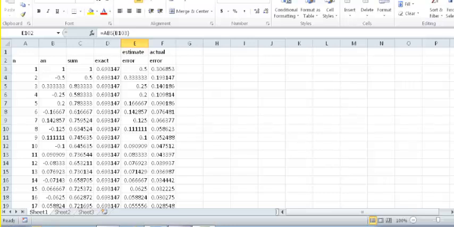Because to get an error less than 0.001 is going to take a lot of terms. What I'm doing is looking at the actual equation that they derived that from.